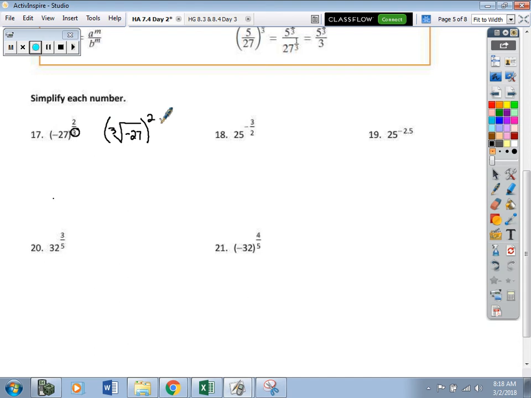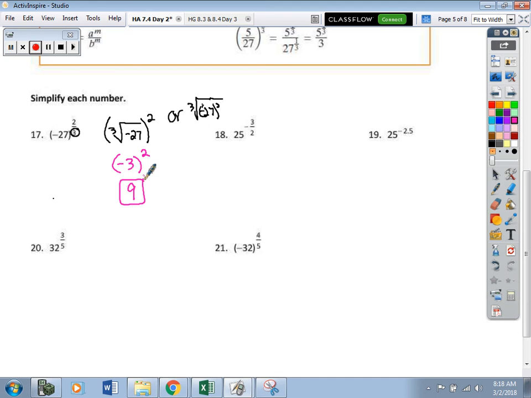Because I know what the cube root of negative 27 is in my head, and then I don't have to reach for my calculator. Or, you could do the cube root of negative 27 squared, but again, then you're going to have big numbers. So those are the same thing. So the cube root of negative 27 is negative 3. Negative 3 squared is 9.